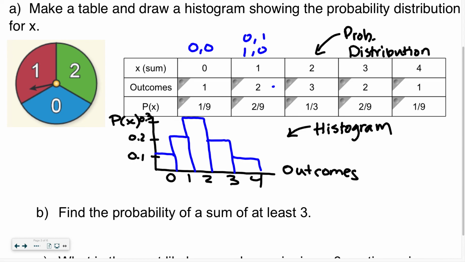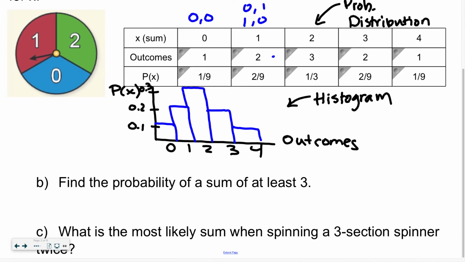All right, find the probability that in this particular example, when I'm spinning the spinner twice, I get a sum of at least 3. What does that mean, a sum of at least 3? 3 or more, right? So we want the probability of at least 3.